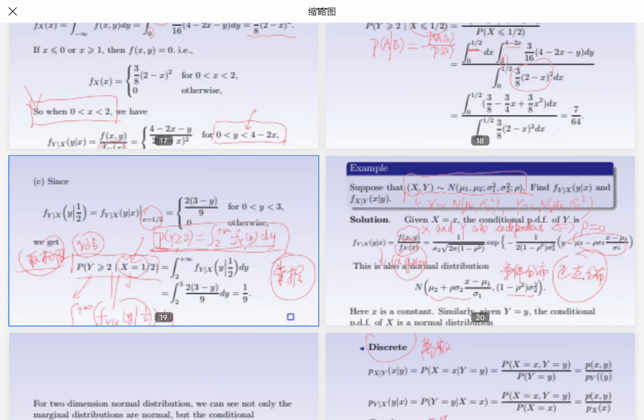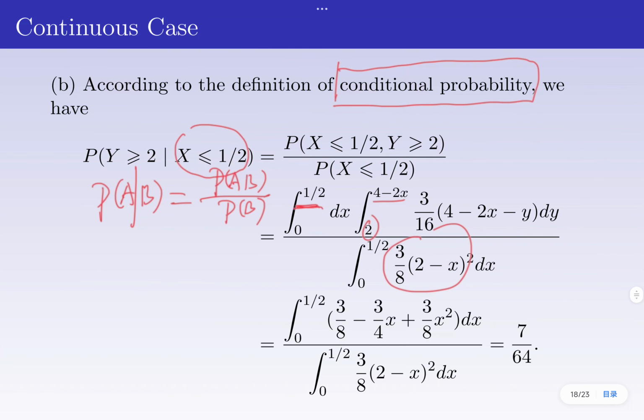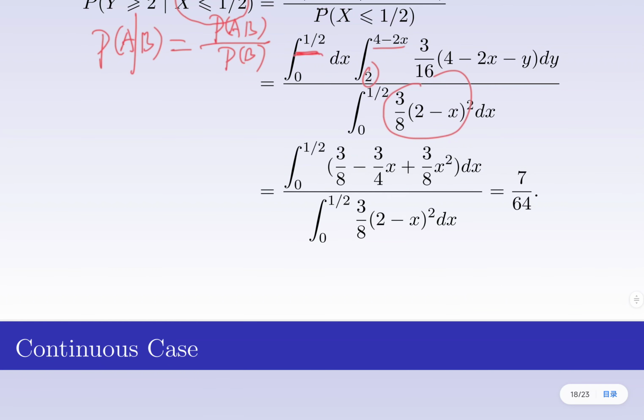Okay. Some tricky thing is that this just uses the definition. Oh, I think it's so easy, a little tricky.